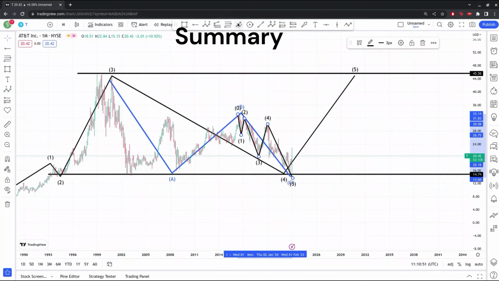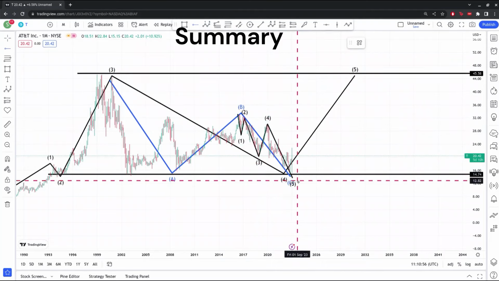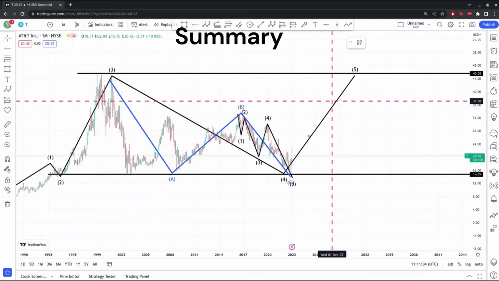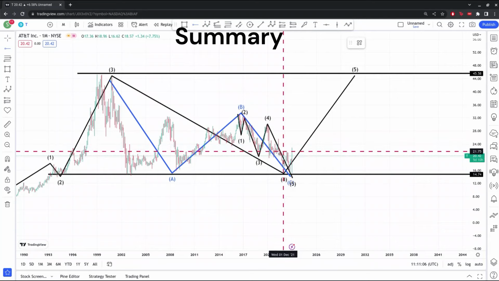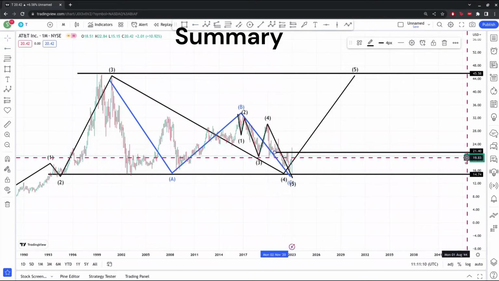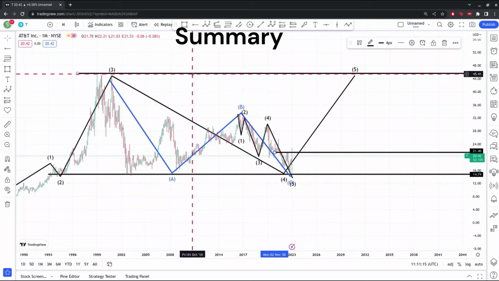And the break of the internal structure of this fifth wave is a confirmation for you to take a buy trade, because we're trying to target this fifth impulsive wave. So on the break of this structure, you take a buy trade, which is at 21.40, and your first profit target level should be at 45.41.